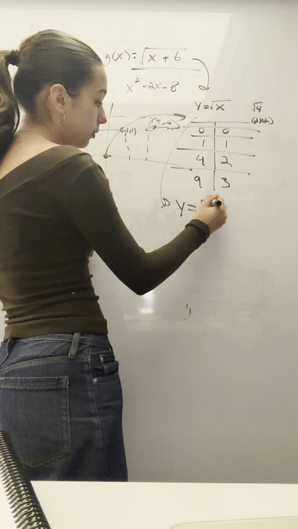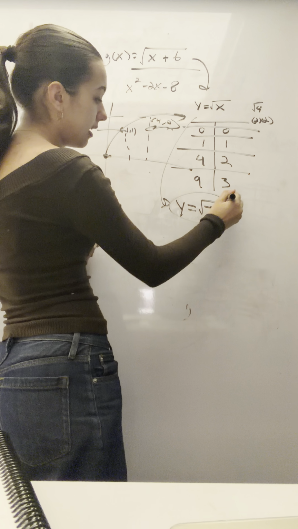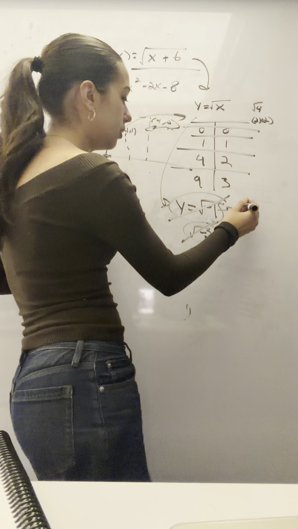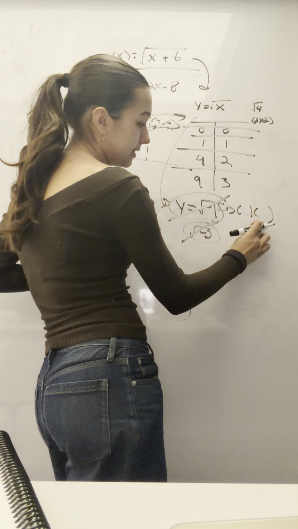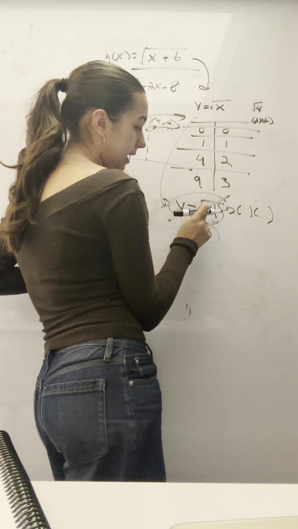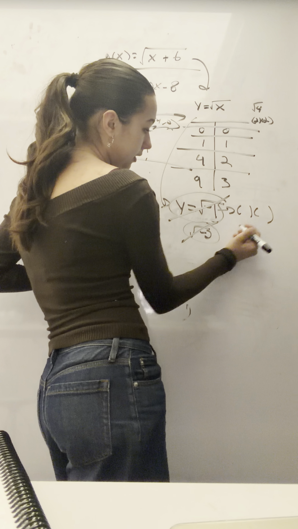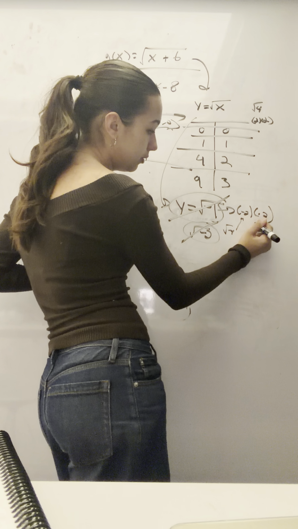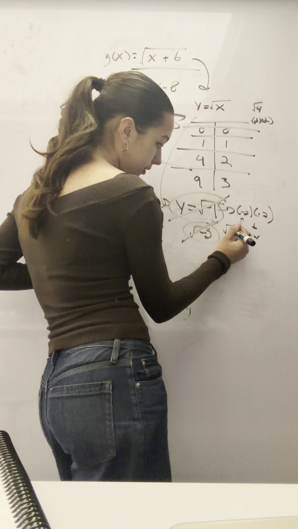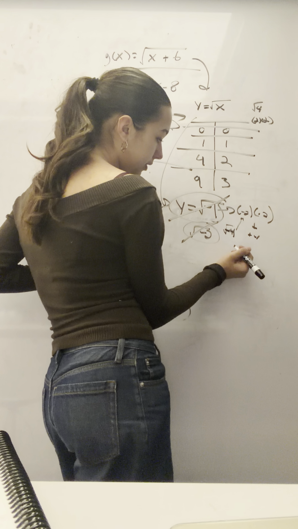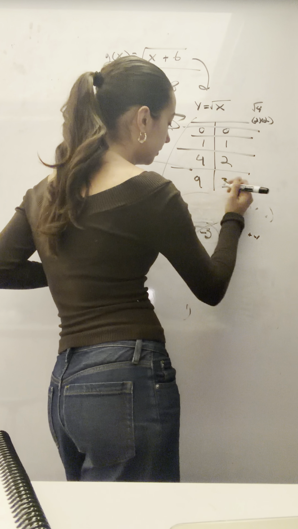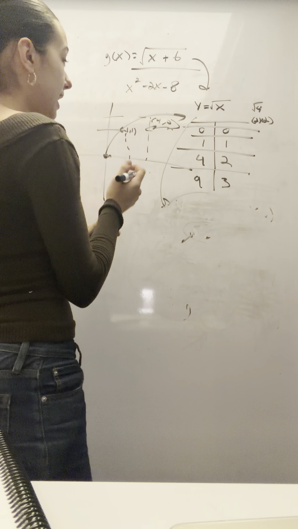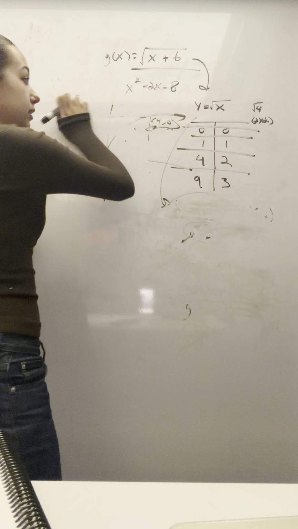So y is equal to square root of -1 is not possible, or -2 is not possible, because no two number times itself is going to give you a negative number. What if we had, let's say, root of -4? You'd think, I don't know, -2 times -2, well, that's going to give you +4. So it's not possible to have a root of a negative number. So this is what that graph is going to look like, and our restriction is that it has to be positive.